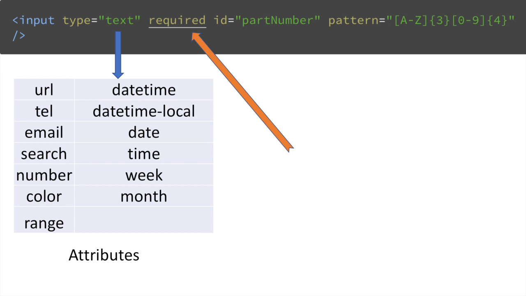The other one is required. If you don't use it, then it's not required. But if you use required, the form cannot be submitted without adding data for that field. So that means the field is necessary and you have to enter data for that field.